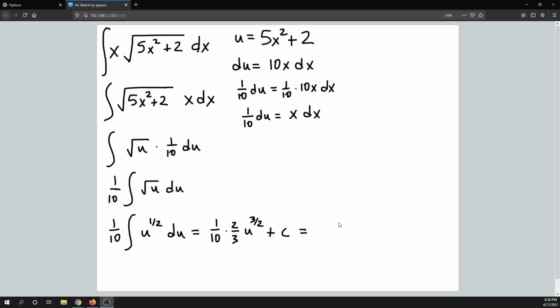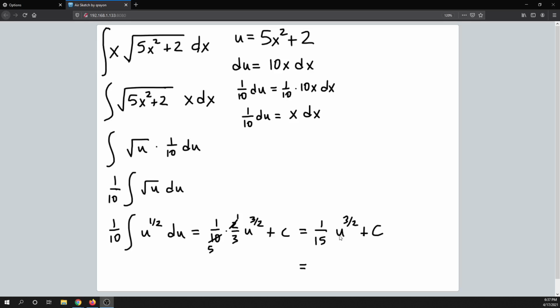All right, and so next up I need to simplify that. 2 goes into itself 1 time. It goes into 10 5 times. So on top, I have 1 times 1. On the bottom, I have 5 times 3, which is 15. All right, and so I have everything simplified out pretty well. There's one last thing to do, and that is to make the back substitution.